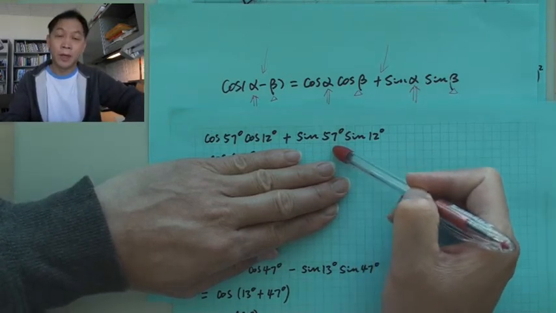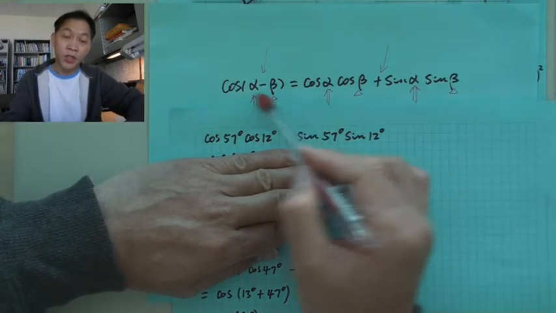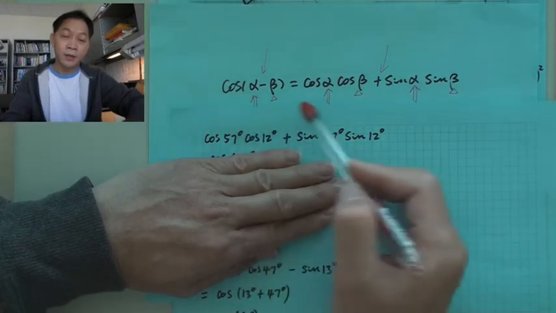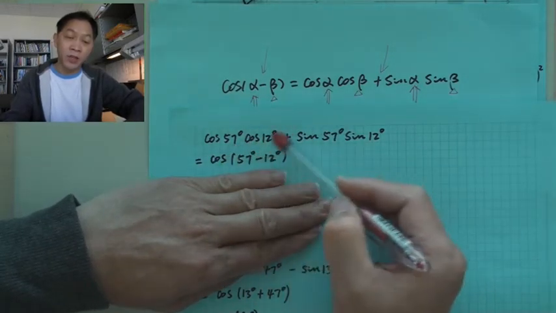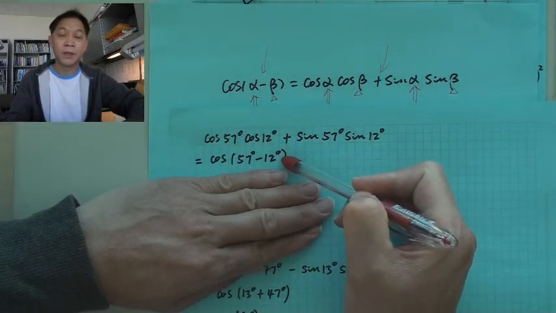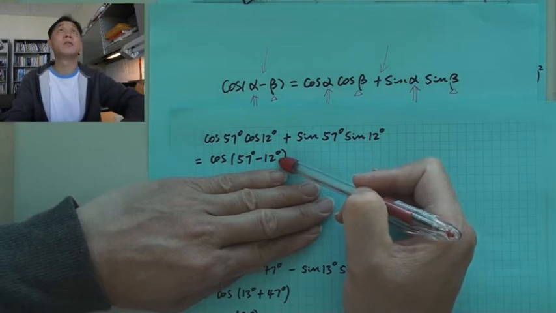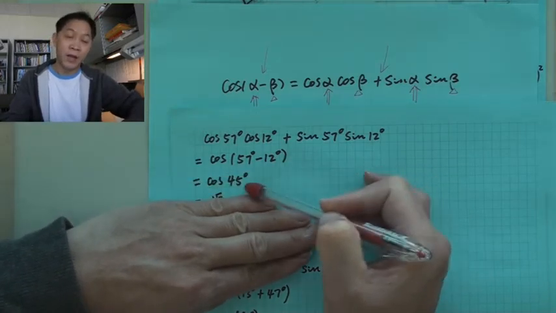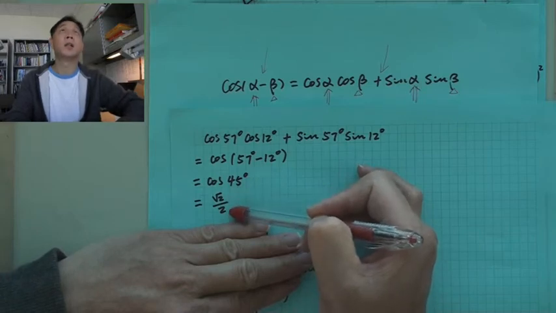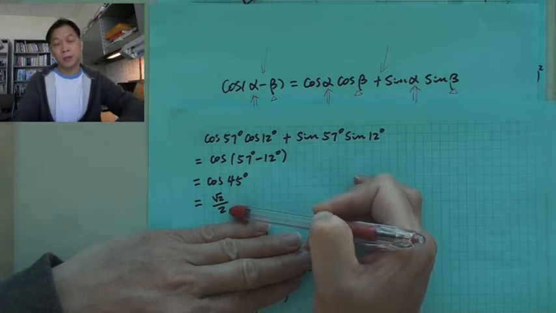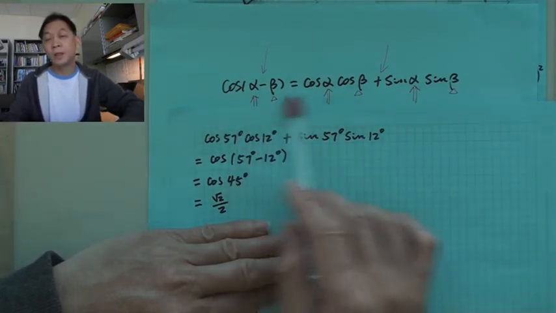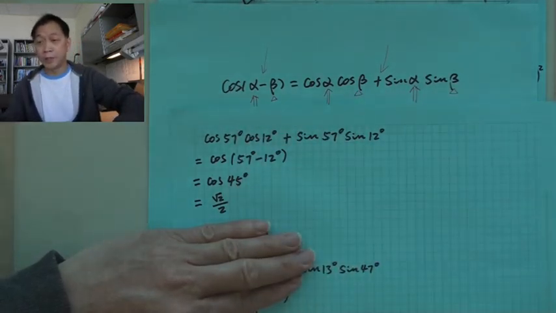Okay. Now you can apply the formula, changing this to cosine. So that will be cosine, the first angle 57 minus 12. 57 minus 12, that's 45. Cosine 45 is radical 2 over 2.